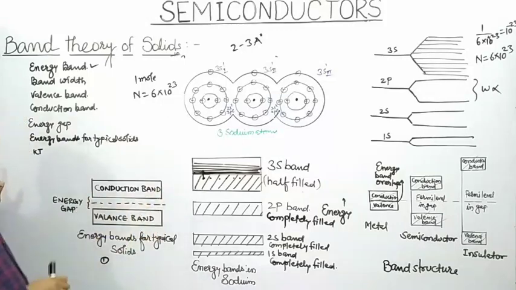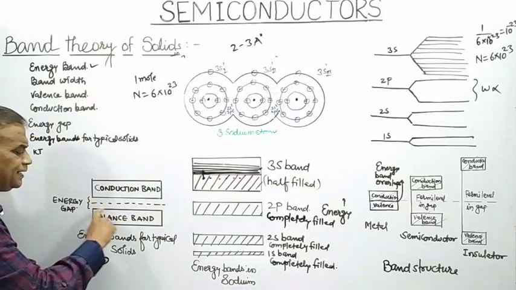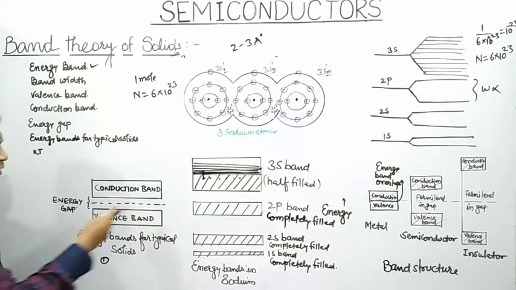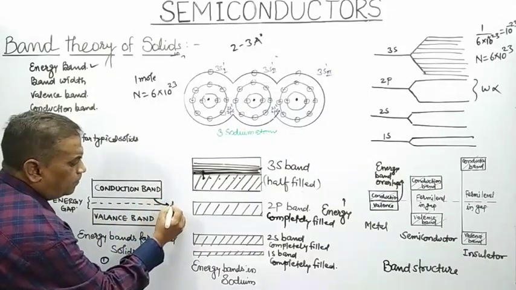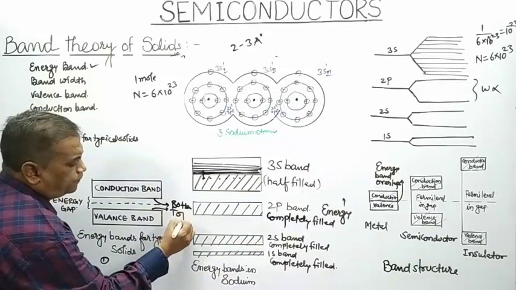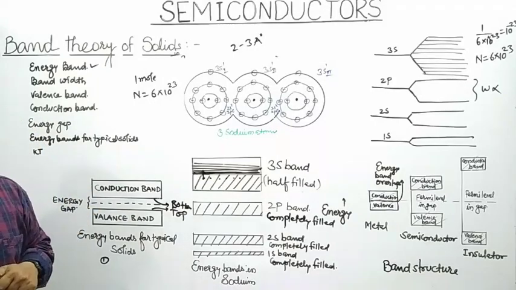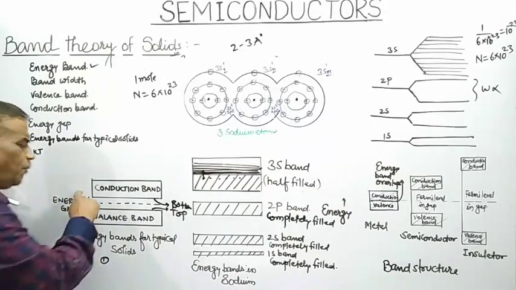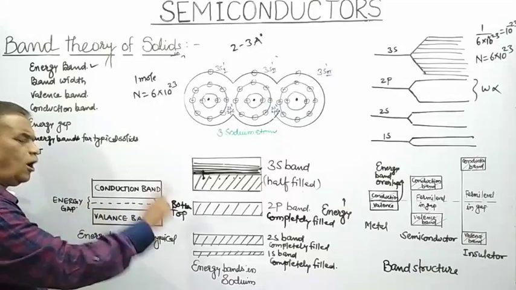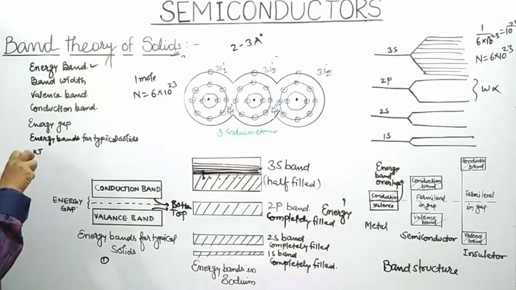The gap between the bottom of the conduction band and the top of the valence band is called the energy gap, or the forbidden energy gap.